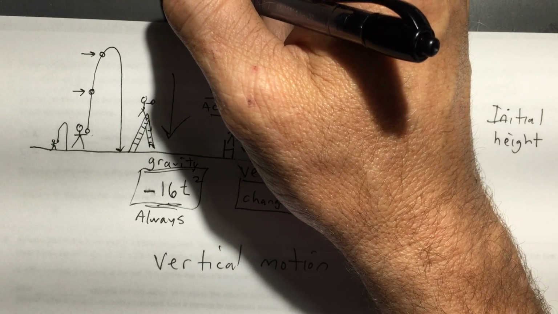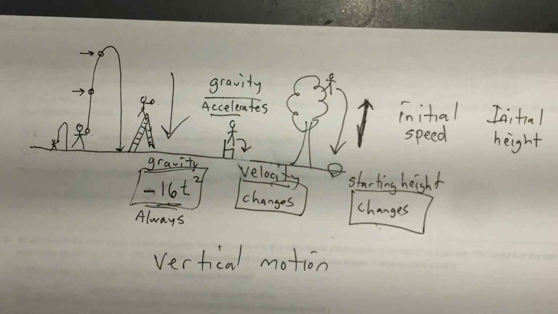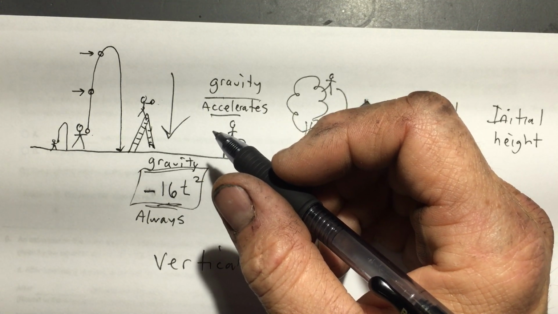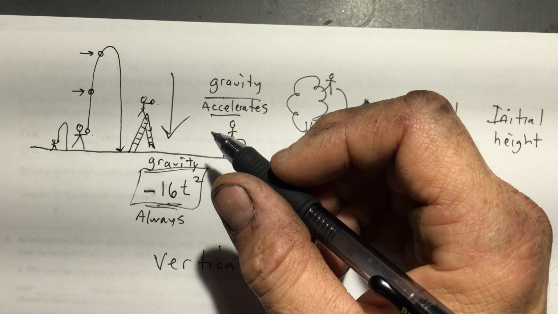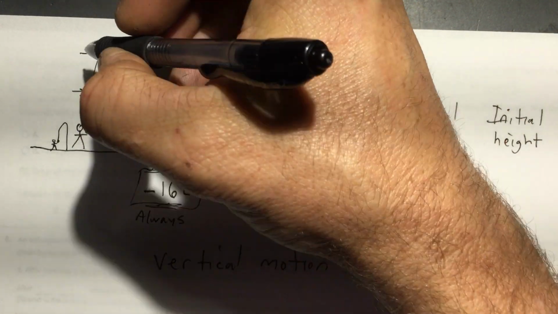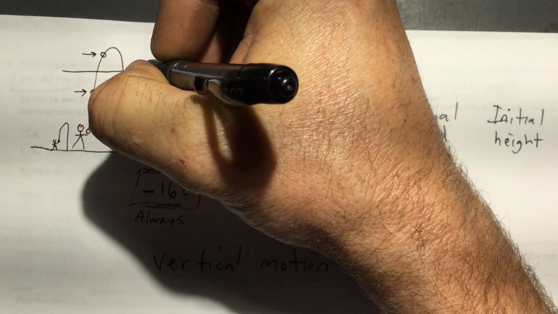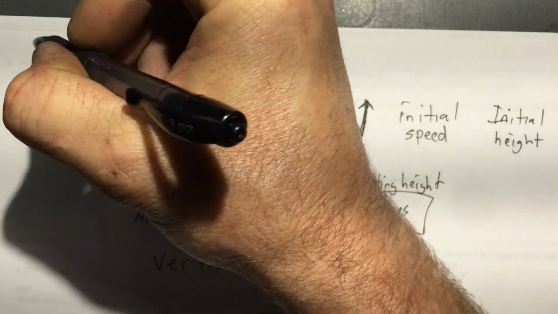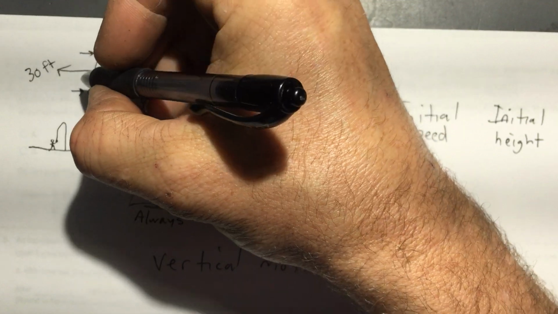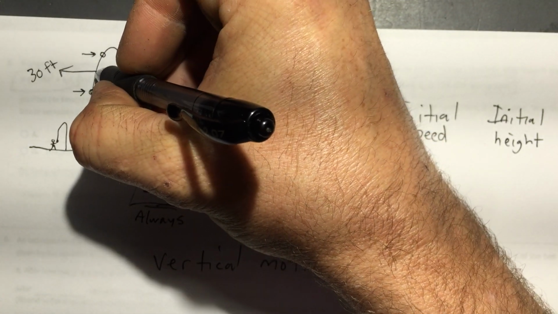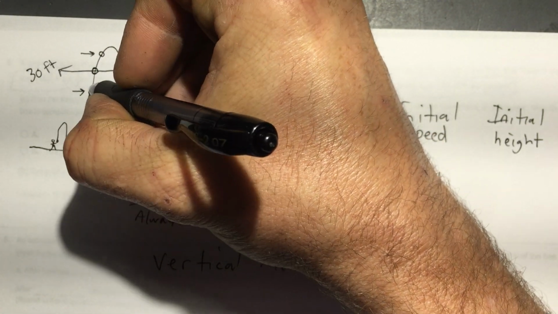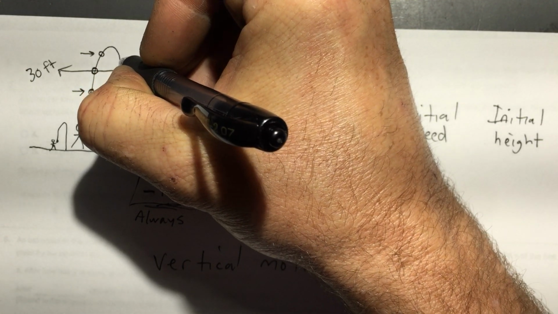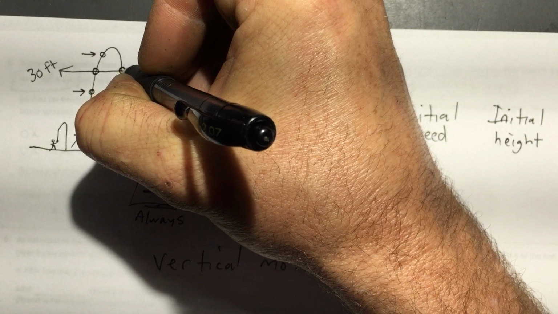Okay. Now, how many seconds would it be until the ball is 30 feet high? Let's say this line right here is 30 feet. If you look at the picture, at 30 feet high, the ball could be right here on its way up. But it goes up, and then it comes back down, and right there, again, it could be 30 feet.